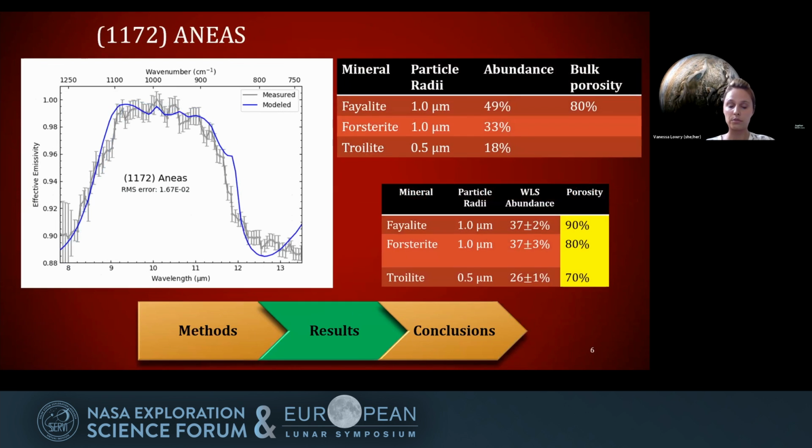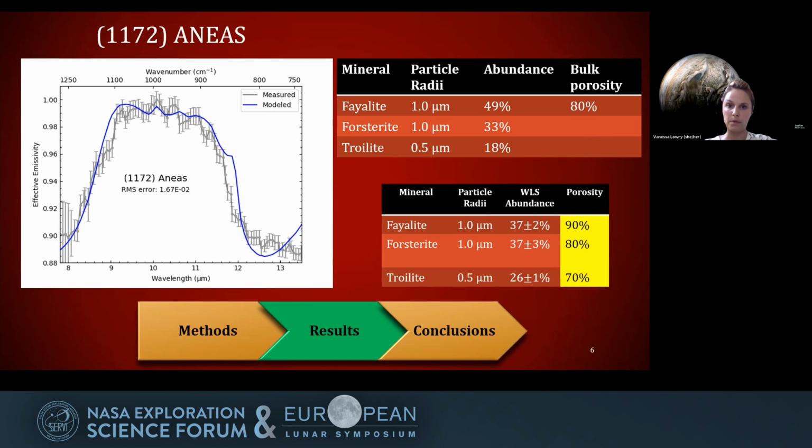And then the last asteroid that I modeled using these methods is 1172 Aeneas. This asteroid is in a separate group from the last two. This one is in the L5 Lagrange point group, so 60 degrees trailing Jupiter's orbit. This favored the 1 micron particle size and the 0.5 for troilite.